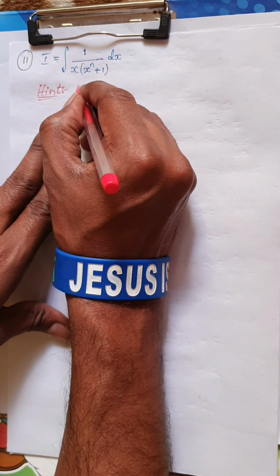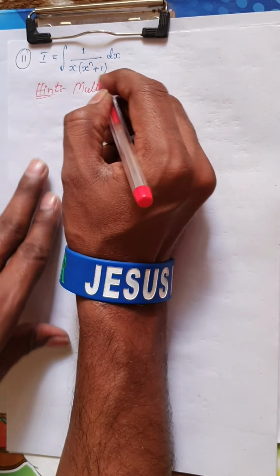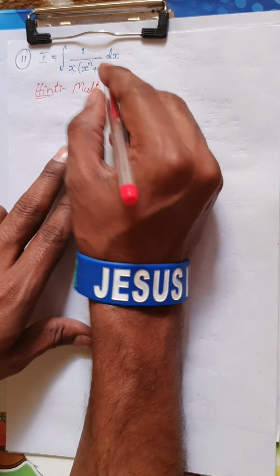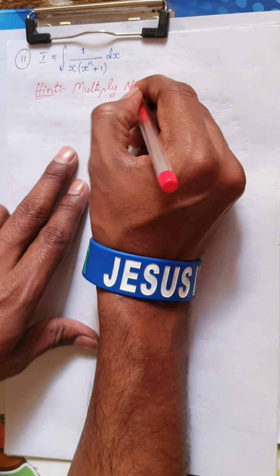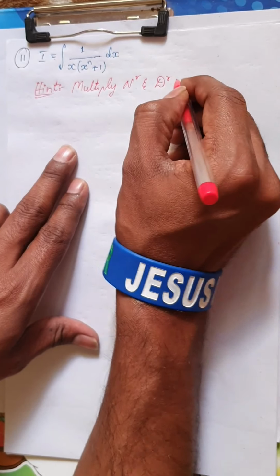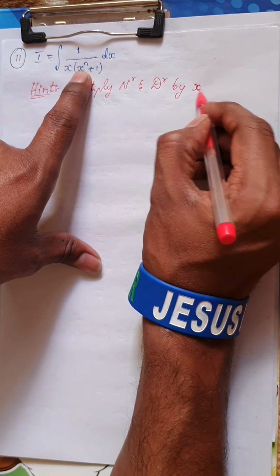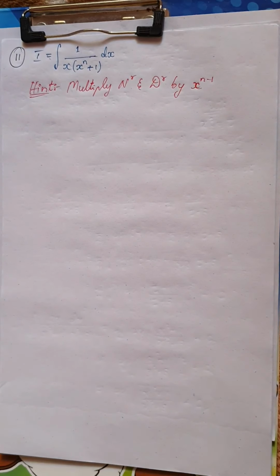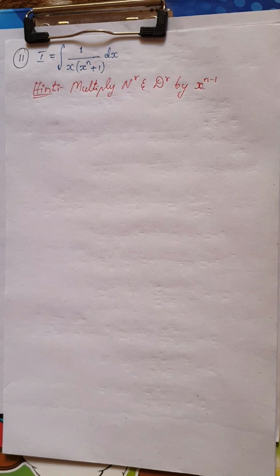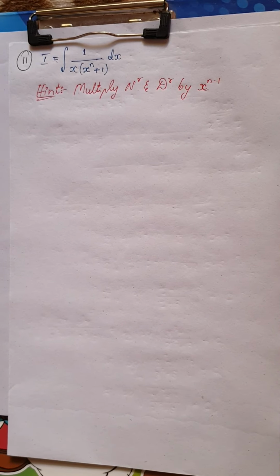So multiply numerator and denominator by one less power, that is x power n minus 1. This is the step we usually do, and let us see what happens.